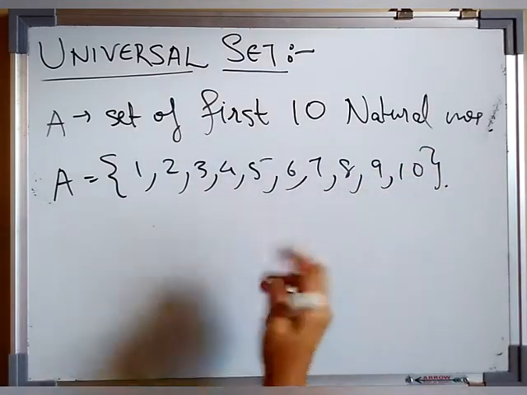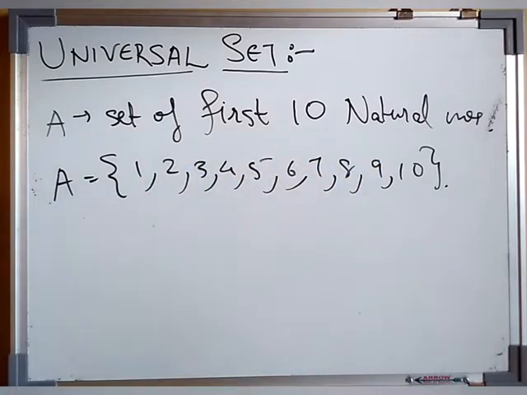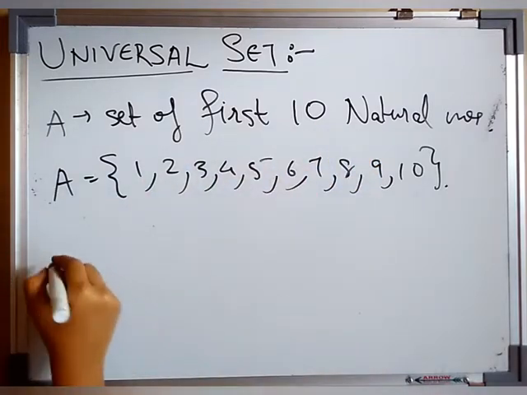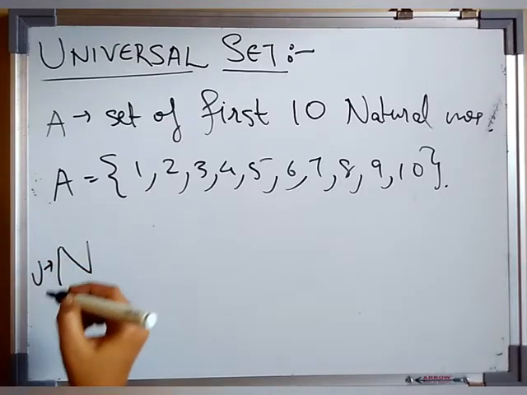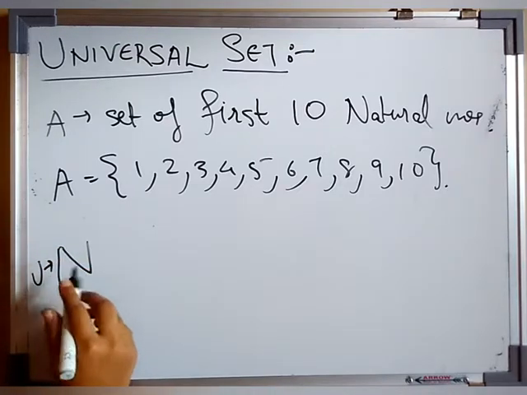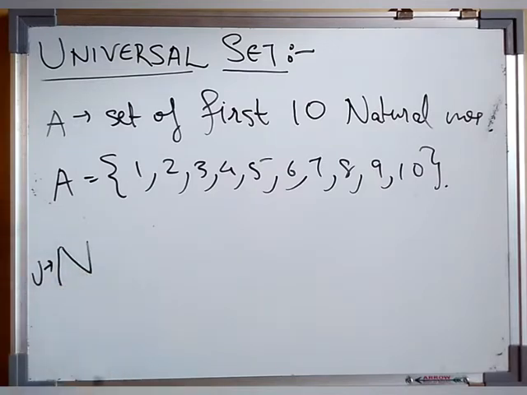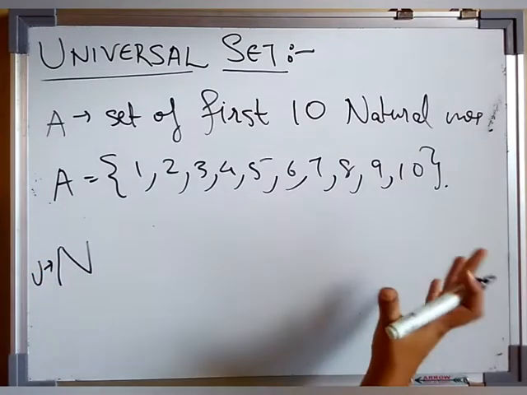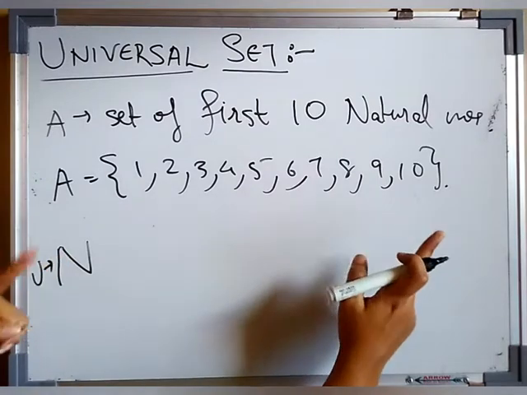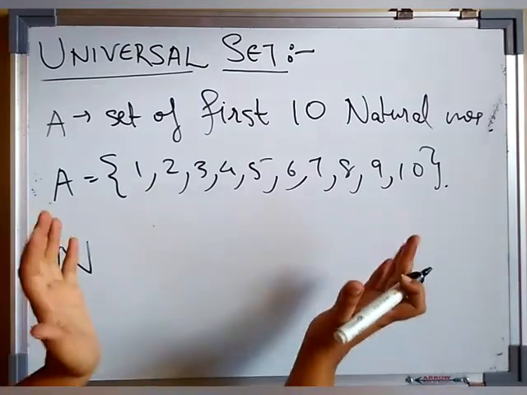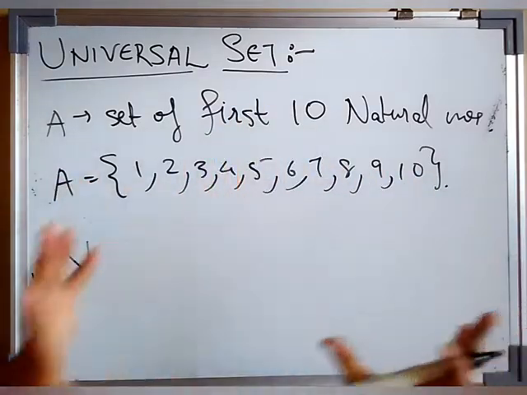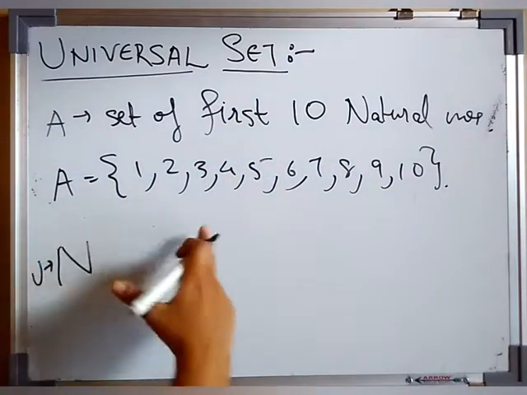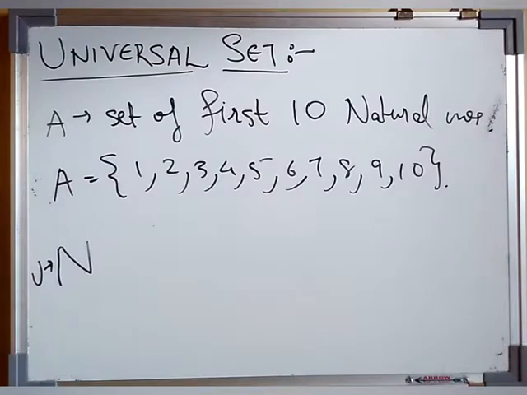So here, which is the universal set? It is the set of all natural numbers. That is the set of natural numbers, N. So my universal set is N, and A is a subset of this set. So the largest set which I am talking about is the set of natural numbers. From that I am picking up just the first 10 natural numbers. So that is a subset of the universal set of natural numbers. So A is a subset of the universal set, that is the set of natural numbers. Okay.